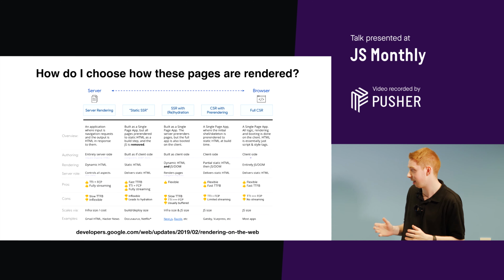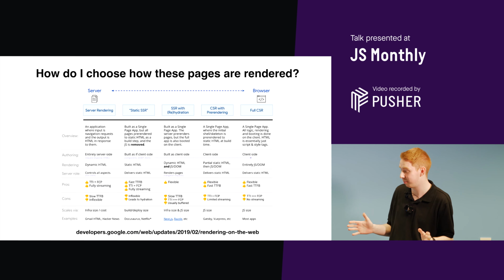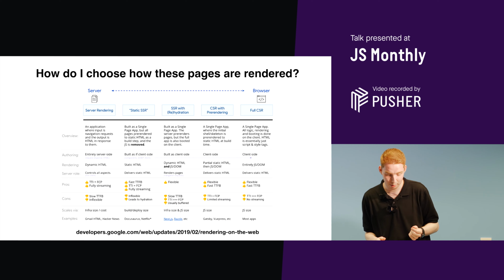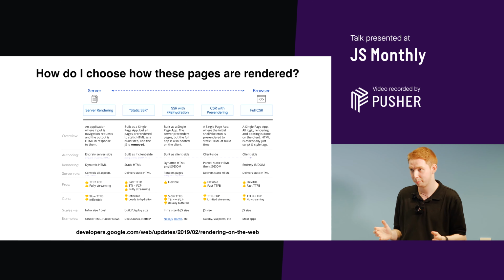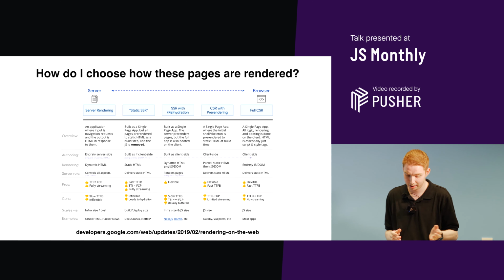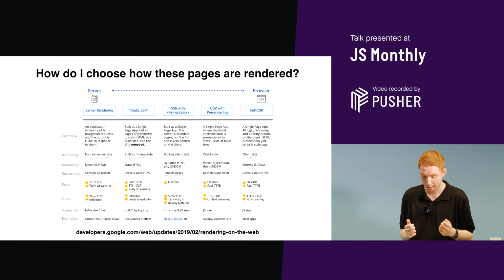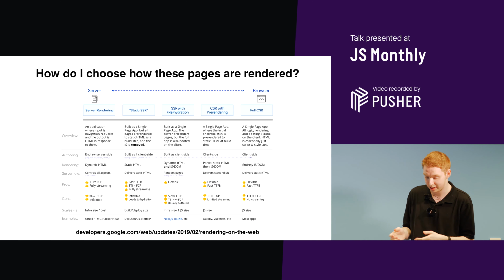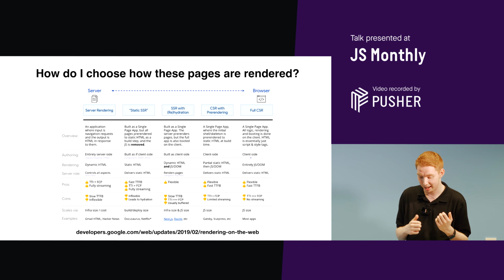But as you can see, the Chrome team created this really beautiful infographic, which is quite complex, but let's go through it really quick. You have server-side rendering, static server-side rendering, server-side rendering with rehydration, client-side rendering with pre-rendering, and full client-side rendering, right?